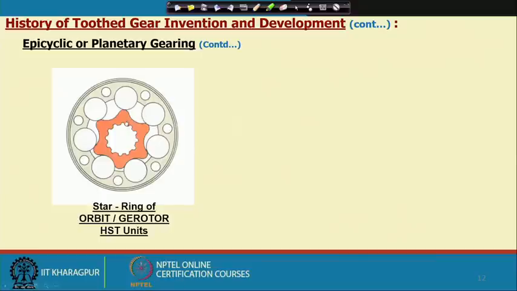Now, this also can be run in an epicyclic manner, and particularly the unit which I am showing is used as a hydraulic motor, very high torque low speed, or low torque high speed machine.